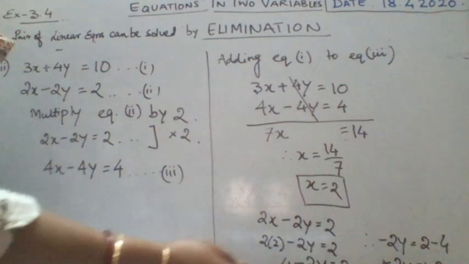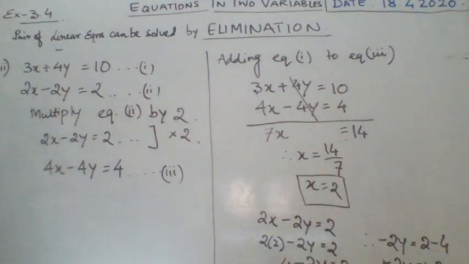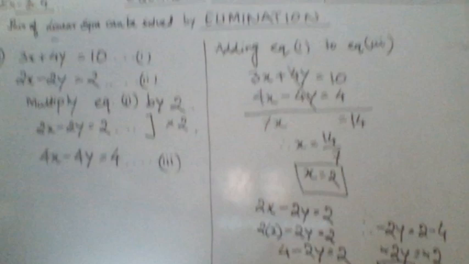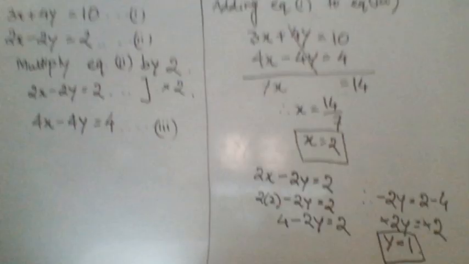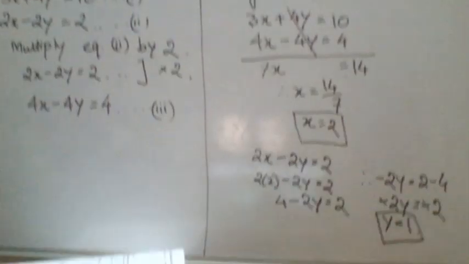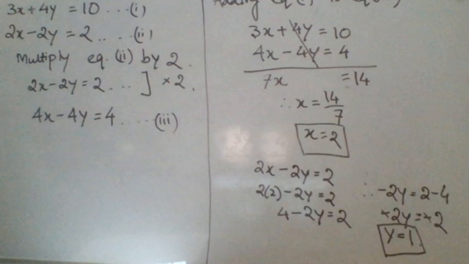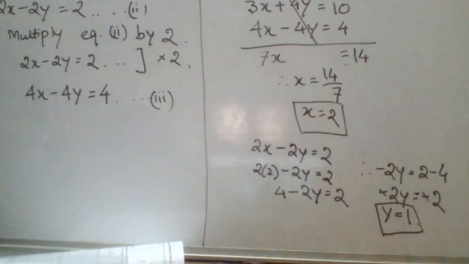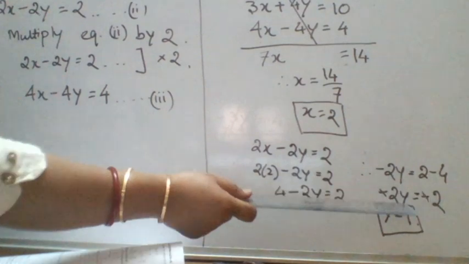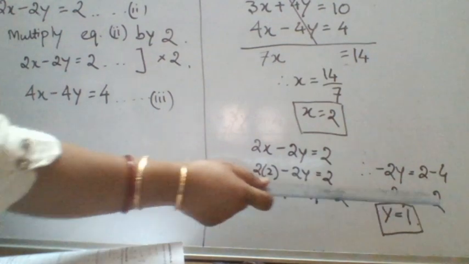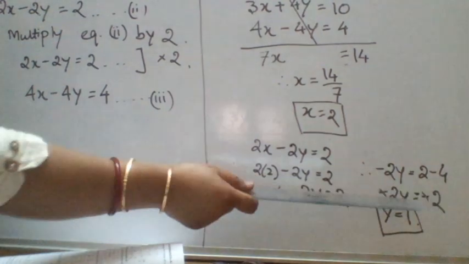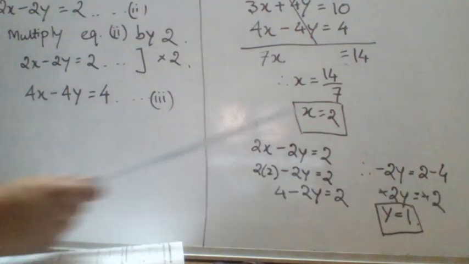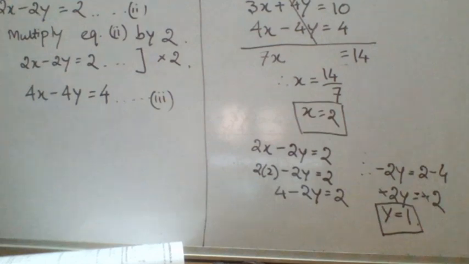So minus 2y equal to minus 2. Minus minus gets cancelled. So y is equal to 2 upon 2, that is y equal to 1. Got it? The elimination method.